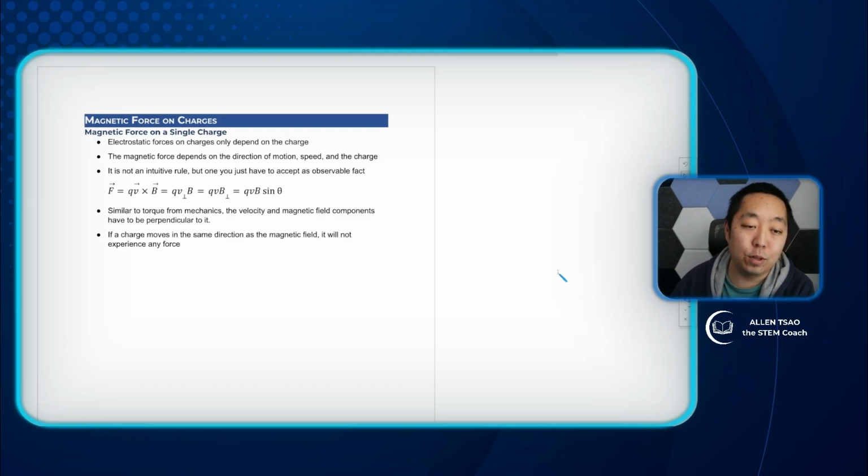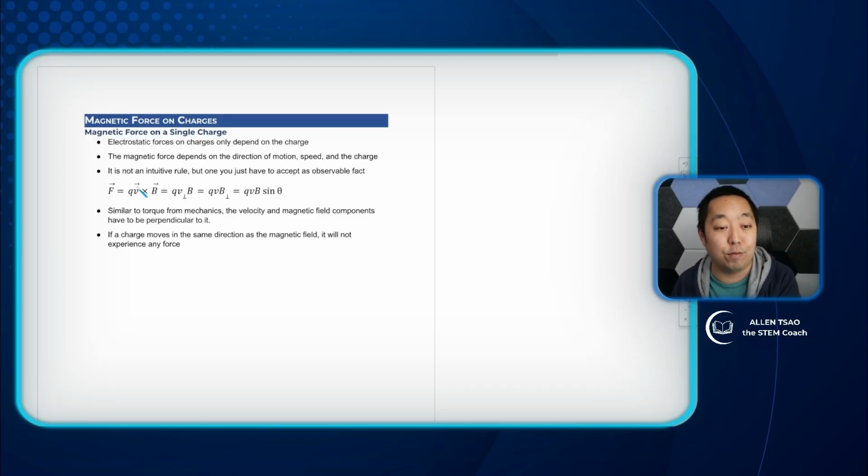But the magnetic force depends on the direction of the motion of the charge, the amount of the charge, and how fast it's moving, actually. And so it's not an intuitive rule. This is a tricky one, but a lot of people get confused between the electrostatic force and magnetic force because of that relationship. There's a rule for electric force and electric field and magnetic force and magnetic field, okay?